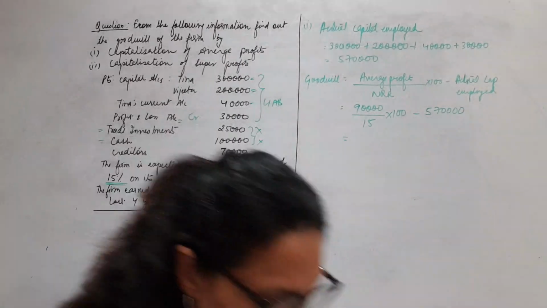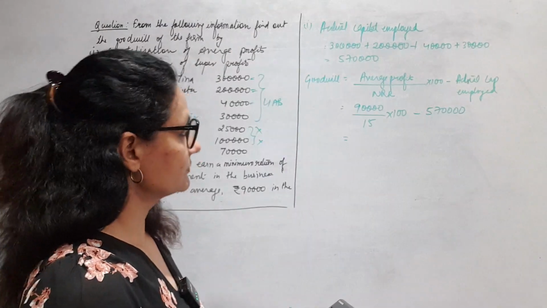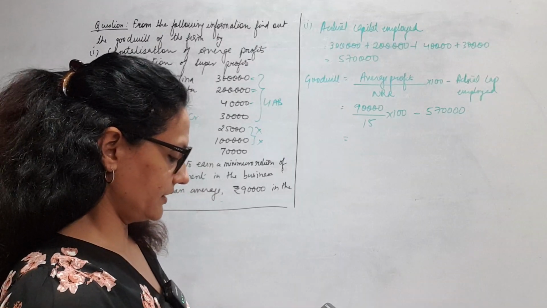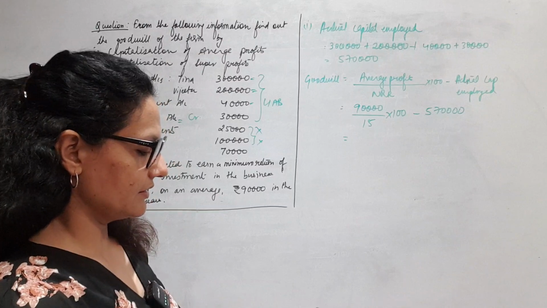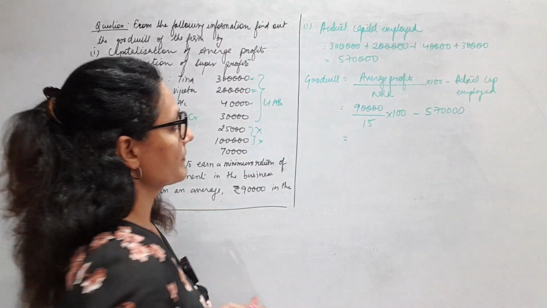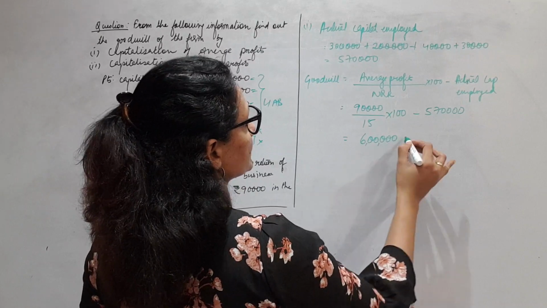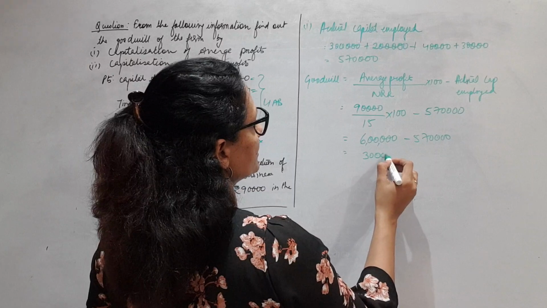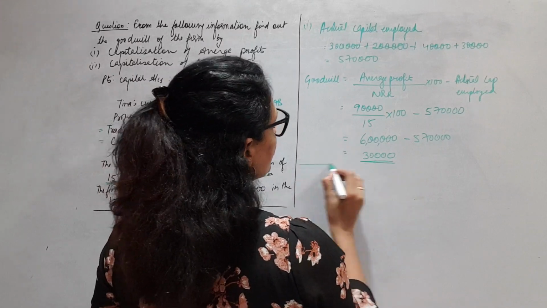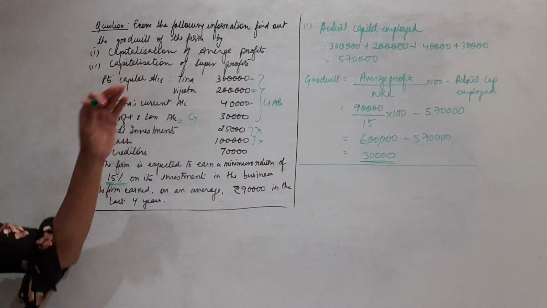Okay. So if I do this, 90,000 into 100 by 15 gives me 6 lakhs. Minus 5,70,000. So 30,000 is my goodwill using capitalization of average profit.